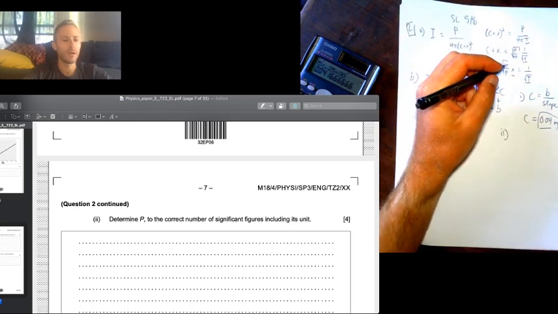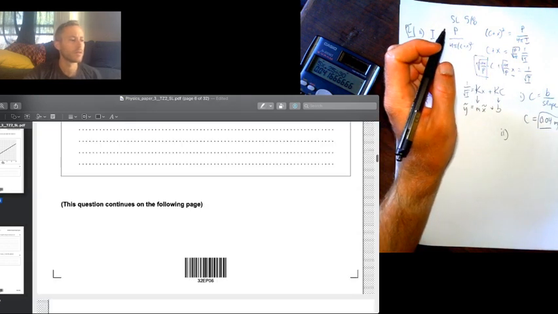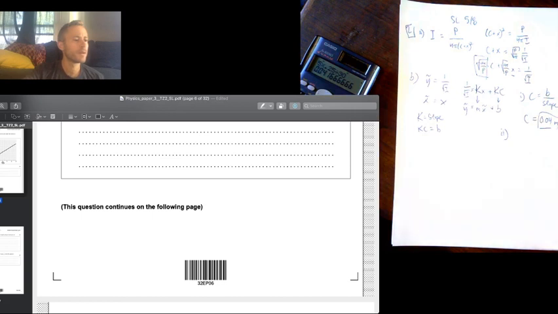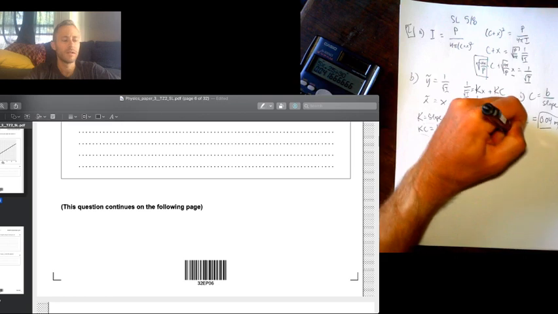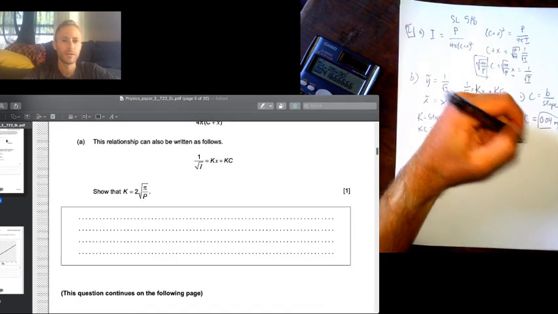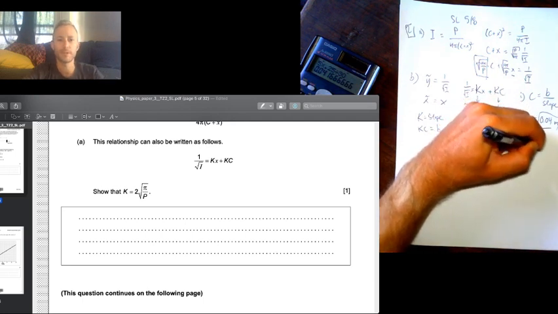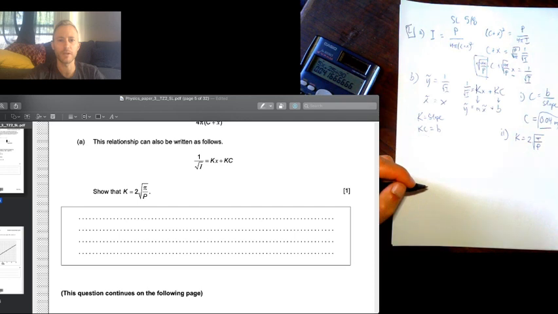So what do we know? We know that K is equal to 2 times square root of pi over P. This comes from this formula right here.